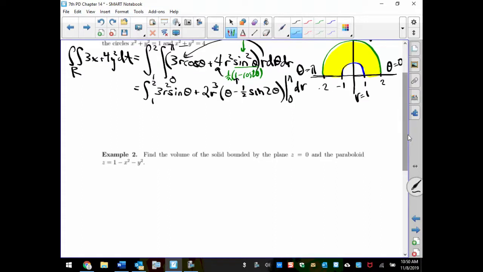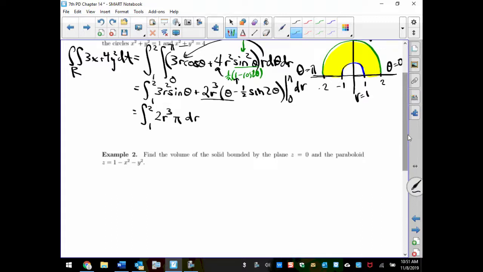Let's go ahead and plug in the 0 and the pi. Everything with a sine in it is going to be 0, because sine of pi is 0 and sine of 0 is 0. So all of those sine values thankfully go away. That leaves me with 2r cubed times pi when I plug in pi, and then we need a dr. Plugging in 0 everywhere gives me 0.